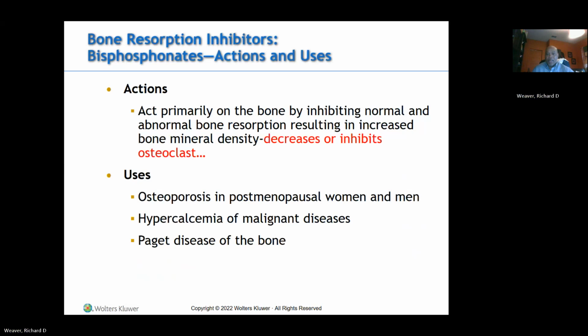All right. This hypercalcemia can occur due to bony metastasis of some solid tumors. In other words, if the cancer spreads to the bones and starts breaking down the bones, then calcium is also going to be released into the bloodstream, and this is not a good thing.